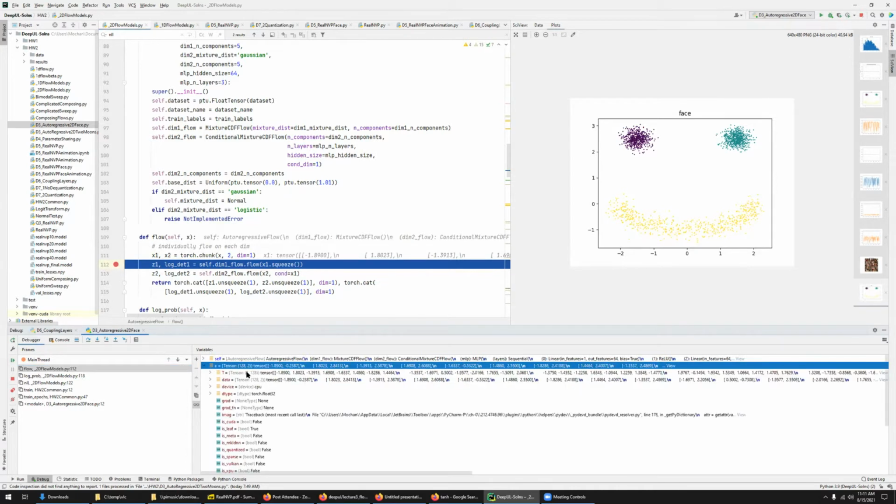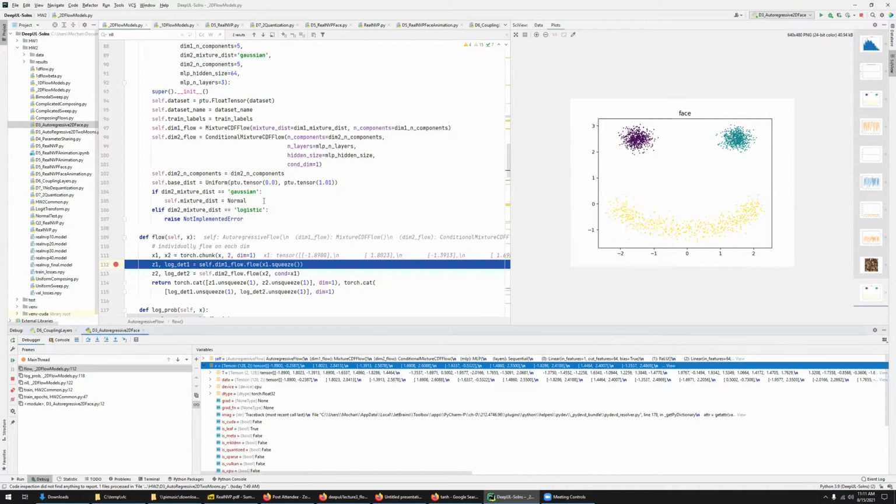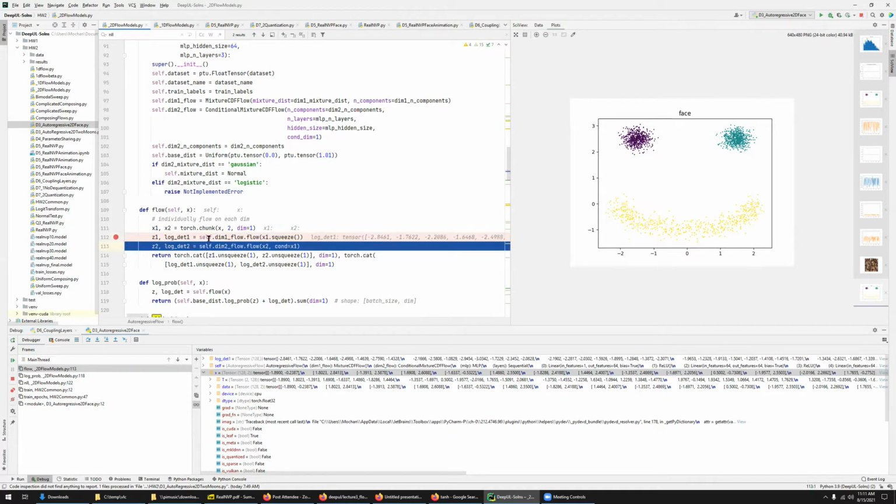Yeah, just 128 by 2. You can just see it's just xy, xy, xy. It gets divided into two, and then for the first one, dimension one, you flow the first dimension in, and then you get the z1, right? And then the second dimension is the same thing, but you send in x1 as conditional.